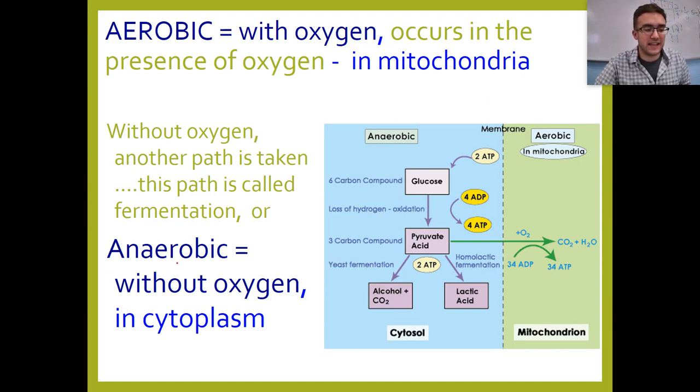Now, if it's anaerobic, we stay in the cytoplasm. But if it's aerobic, with oxygen, then we move into the mitochondria. And the other 2 parts of this, the Krebs cycle and the electron transport chain, take place inside the mitochondria.